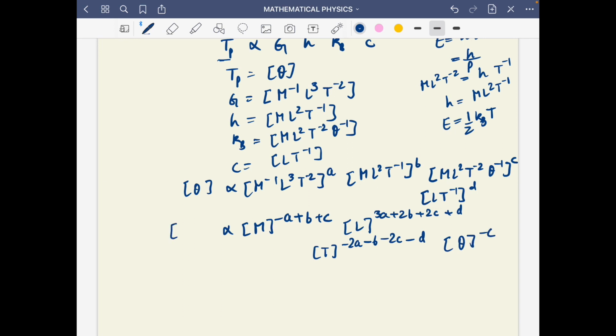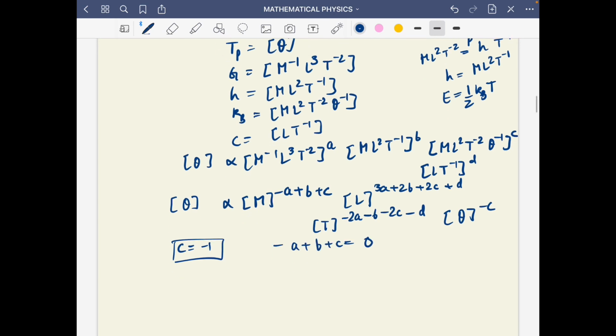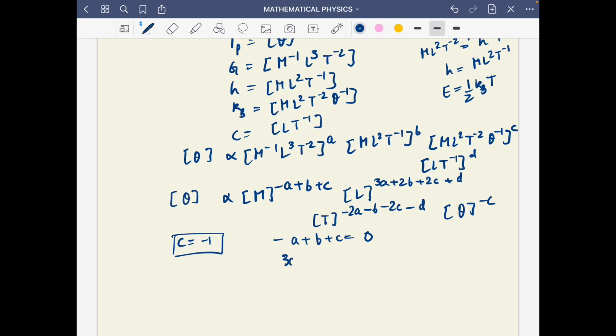So theta, if you compare from the left hand side, C is equal to minus 1. Minus A plus B plus C is equal to 0. Fine. 3A plus 2B plus 2C plus D is equal to 0. Minus 2A minus B minus 2C minus D is 0.